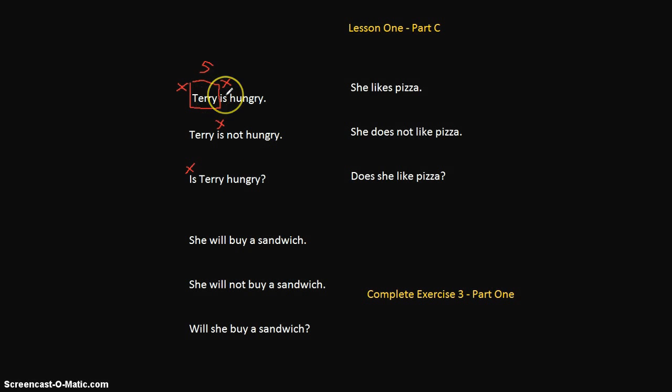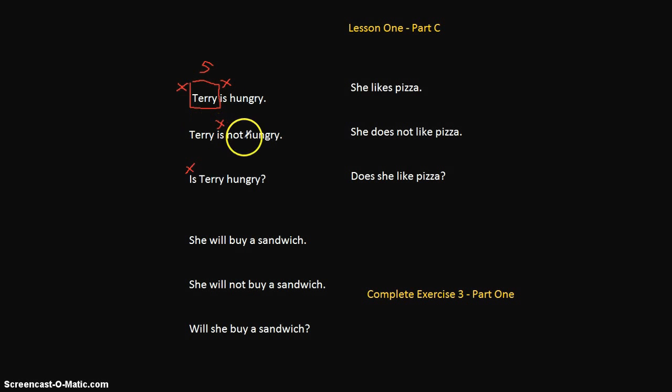In Terry is hungry, Terry is the subject. It's just one word, but subjects can be long, and they can be 2 words, 3 words. They could be 10 words, 15 words. There's really no limit. The important way to think about it is that every sentence has 2 X-word places, and between those places is the subject.